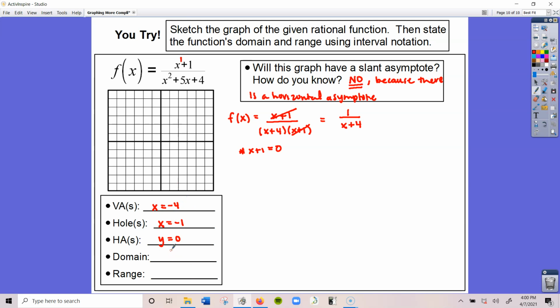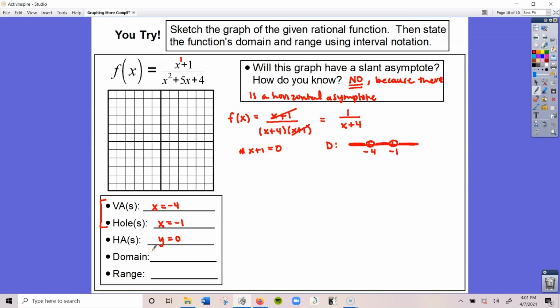The domain of this function, remember, is restricted by the vertical asymptotes and the hole, since those are both my excluded values. So if you want to figure out the domain, if it's hard because there are two numbers, you can place them on a number line, always making sure that your numbers are placed in order. So we have these two that are my excluded values, but all my other numbers would be included in the domain.